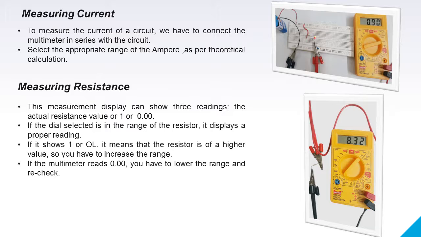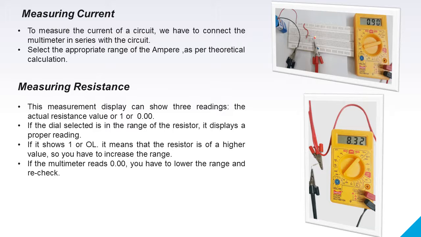So the ammeter, or multimeter in the ammeter mode, has to be connected in series. That is shown over here, that two terminals are connected through the battery, resistor, LED, and the next terminal to the multimeter. It will measure the current.